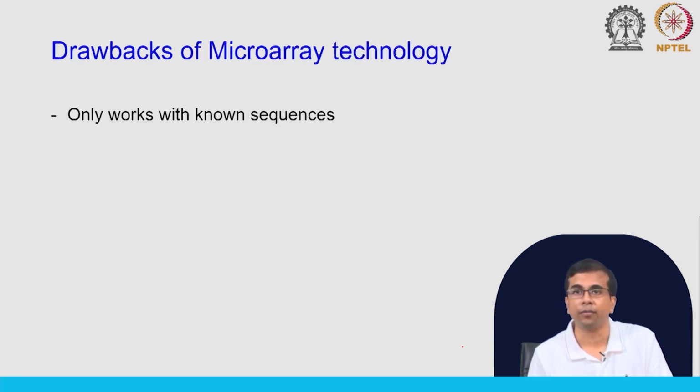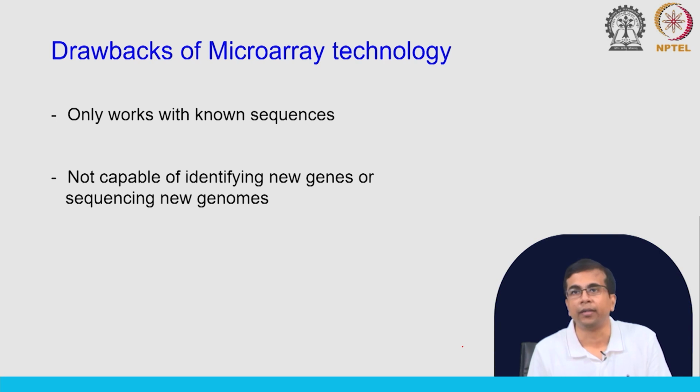With this discussion you can now understand the drawbacks of microarray technology. It only works with known sequences; you cannot sequence anything that is unknown to you. You first need to figure out the genome sequence or cDNA sequence before you can use microarray technology. It is not capable of identifying new genes or sequencing new genomes.